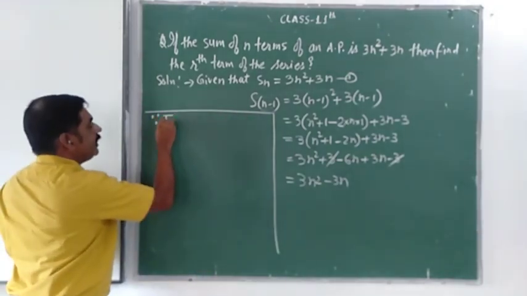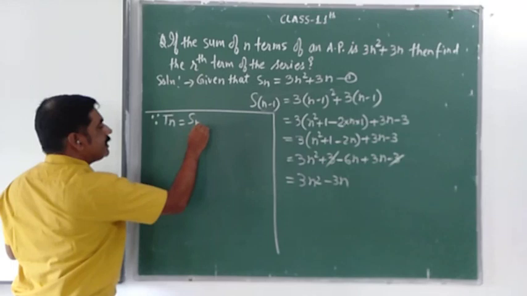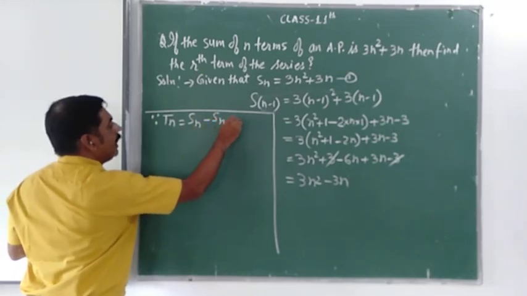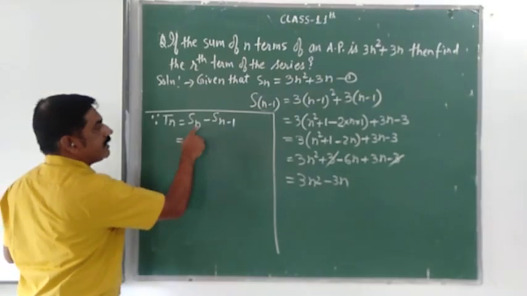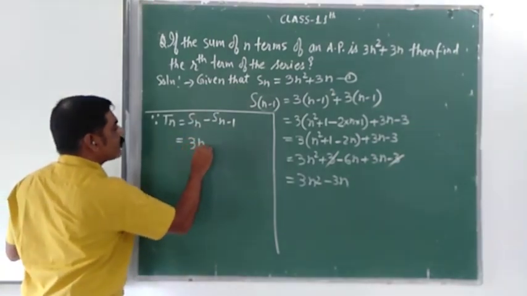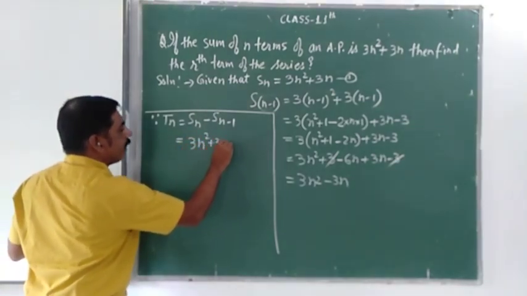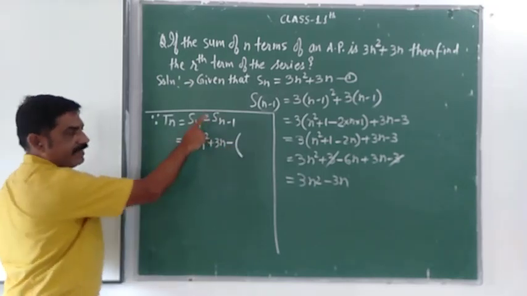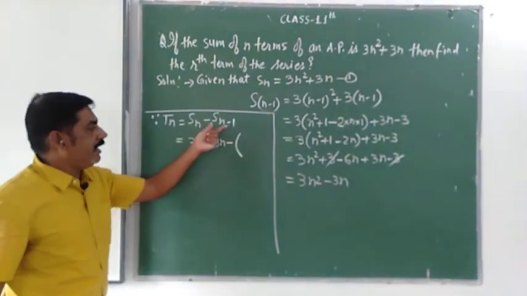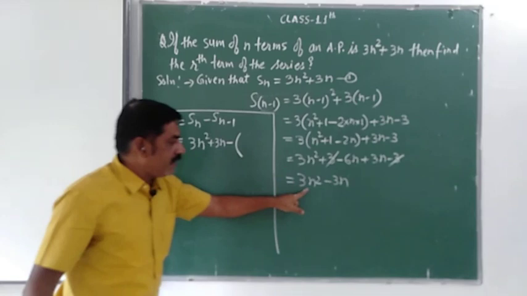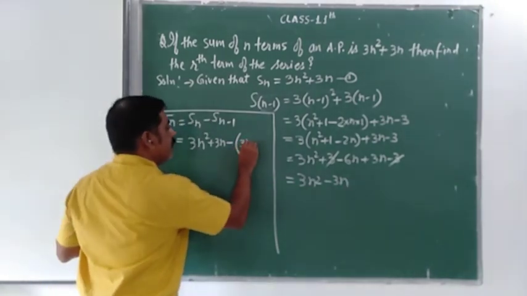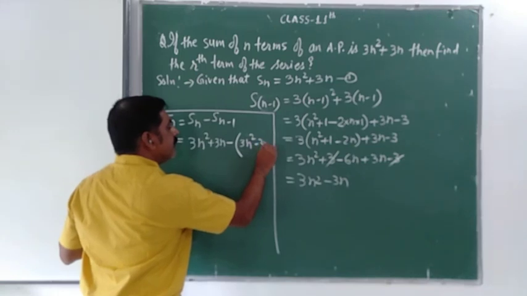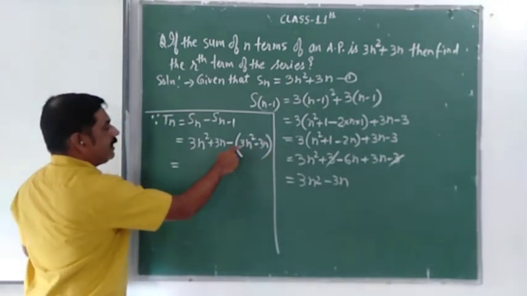Since Tn is equal to Sn minus Sn minus 1. Clear? So the value of Sn is 3n square plus 3n, minus in bracket the value of Sn minus 1, which is 3n square minus 3n, multiplied by the minus sign.